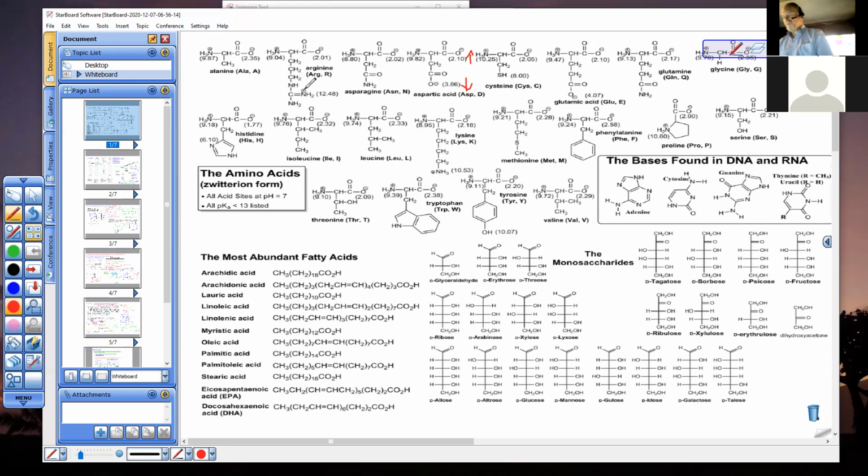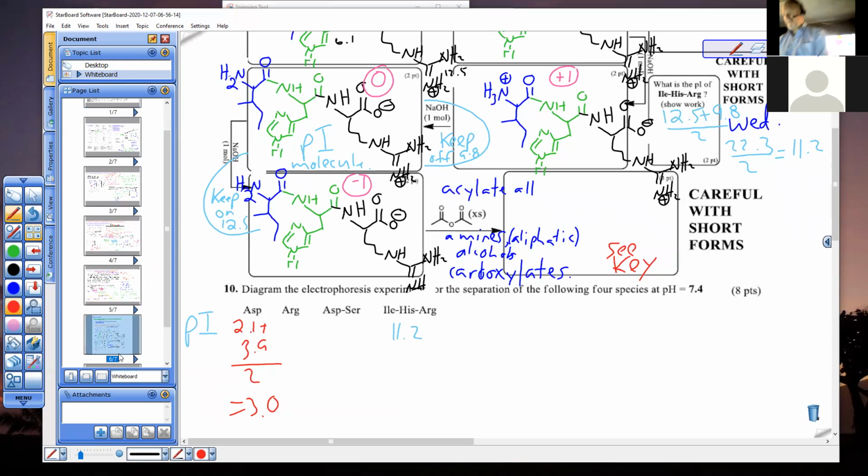9.0, 12.5 over 2. I forgot they had divided by. It's 21.5 over 2, which is 10.6 with rounding. Is that right? You can always check your work. 10.6 is only 0.4 from this, and it's 0.9 from this.